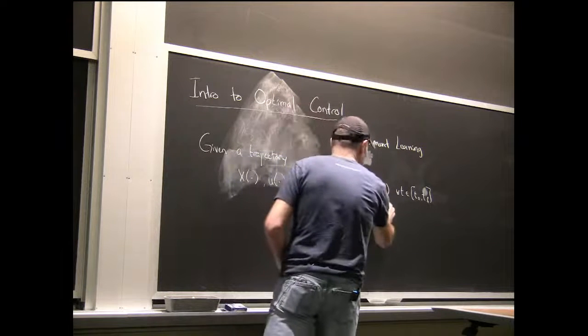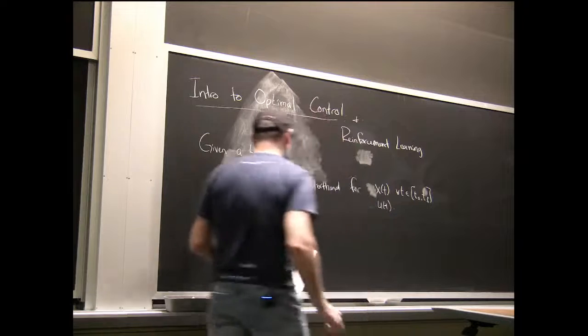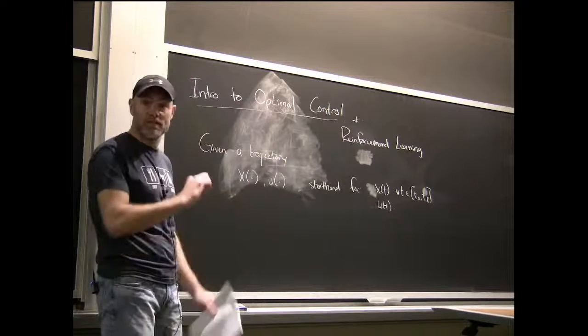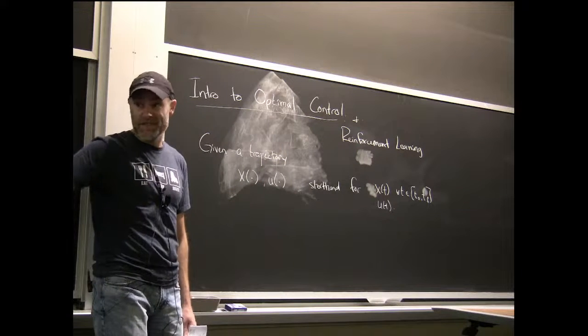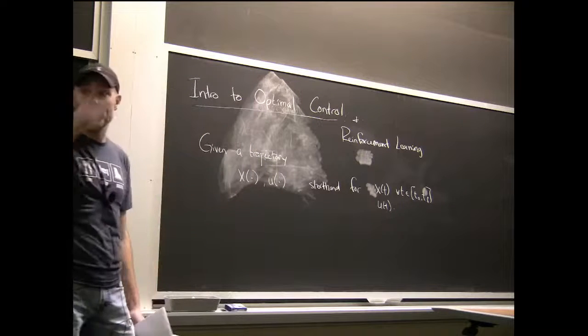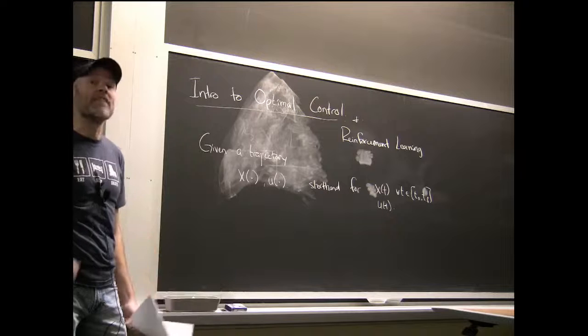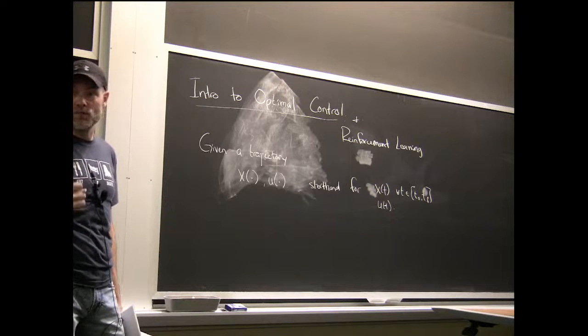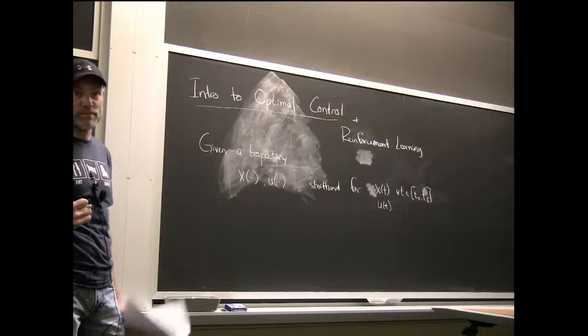Same for u of t. The dot just means many t's. Is that okay? So if you give me a trajectory, I'm going to watch your robot act for 5 seconds. At the end of that 5 seconds, I'll tell you, was it good or not?